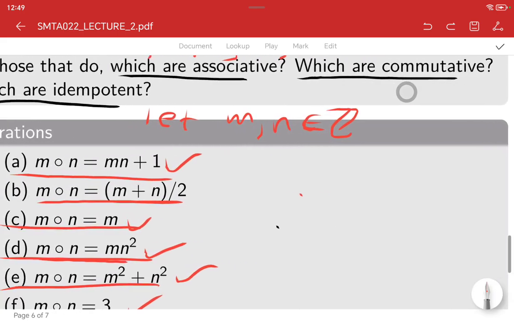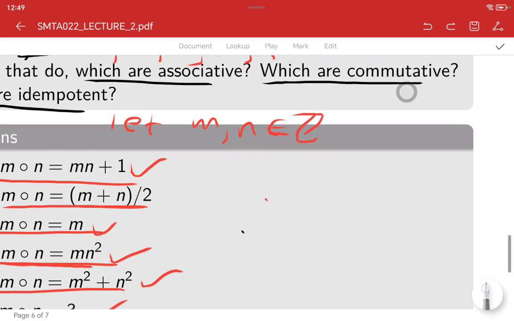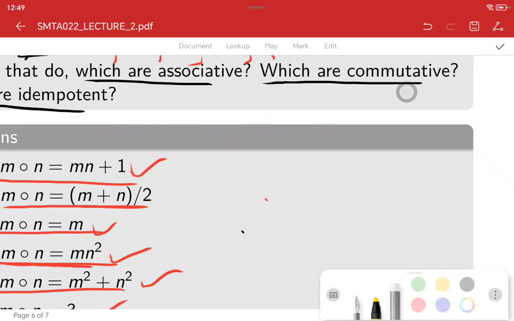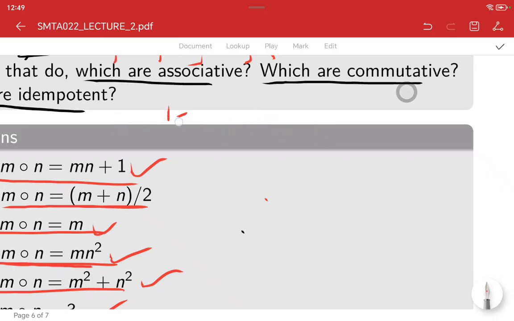We check associativity first. So when we check associativity for A, we're going to let 3 elements. We let the ones which we have there, M, N, and then we add one special element, P. Always add P if we are given M and N. So here I'm saying that if I have M, N or P, let's check what this is equal to.